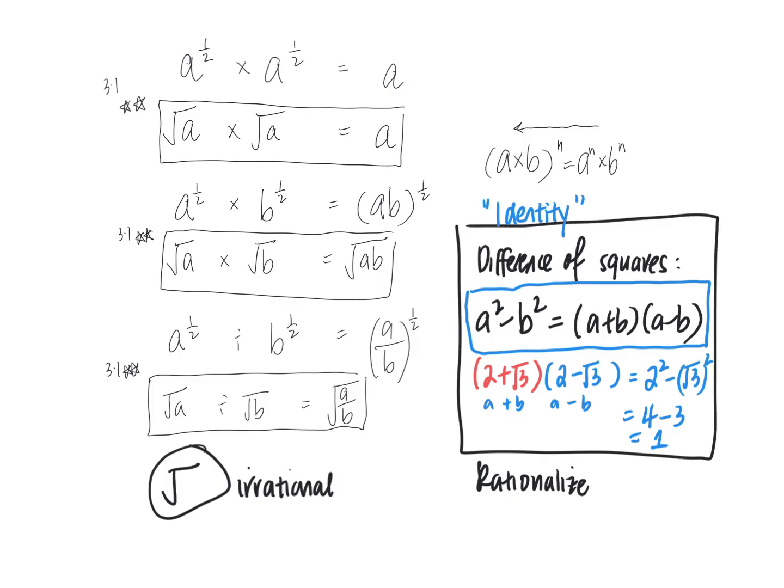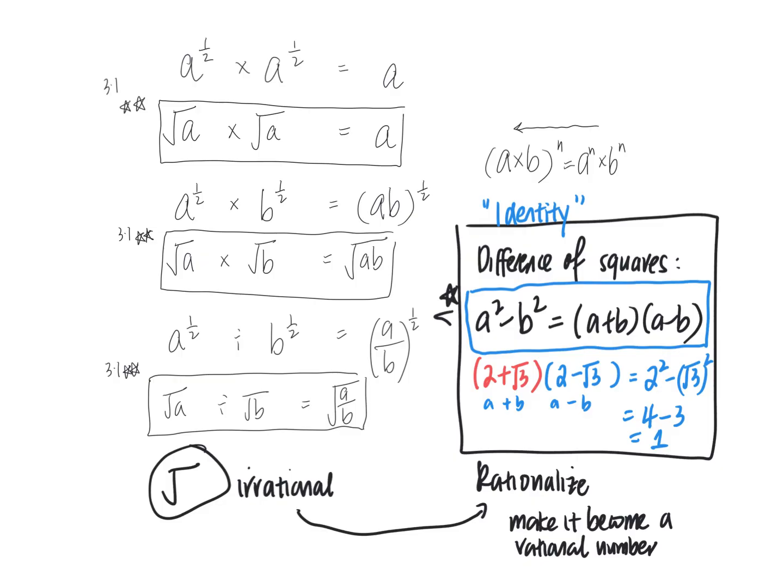Okay, so to rationalize it is to make it become a rational number. Rational not as in logical, but any number that can be expressed as a fraction is called a rational number. So when we want to get rid of the square root, we are trying to rationalize it.